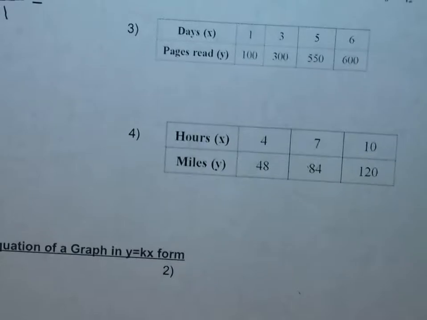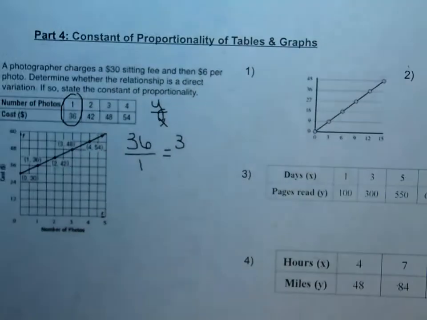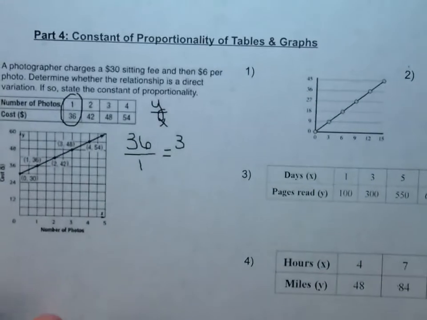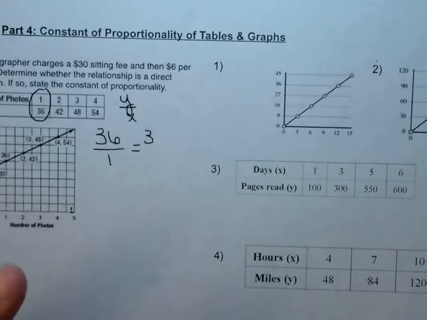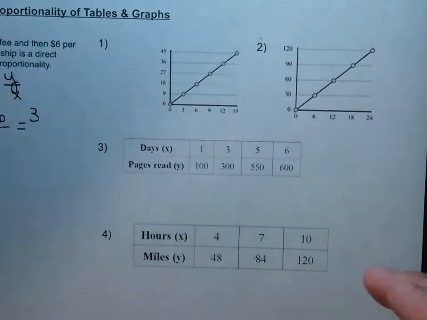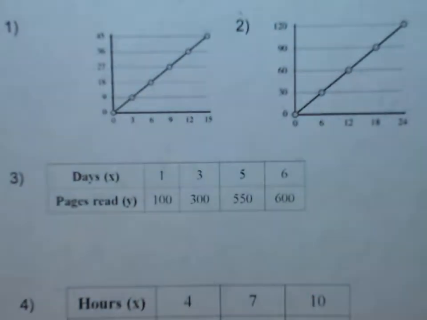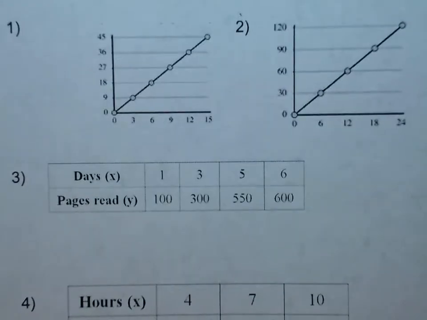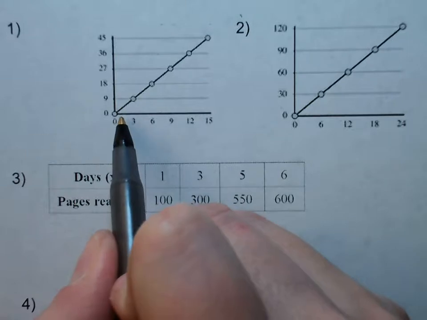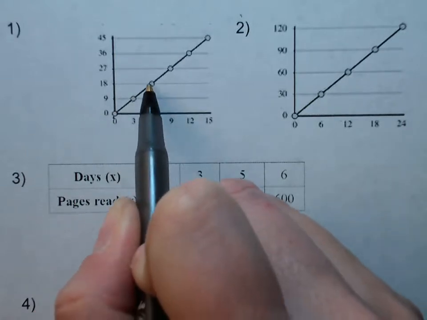Now the next thing we want to do is the constant of proportionality with graphs and tables. Constant of proportionality means that it's going through 0, and we basically want to find the unit rate of each of the graphs and tables. If we zoom in so we can see each of the points, we have 0, 0, 3, 9, and 6, 18.